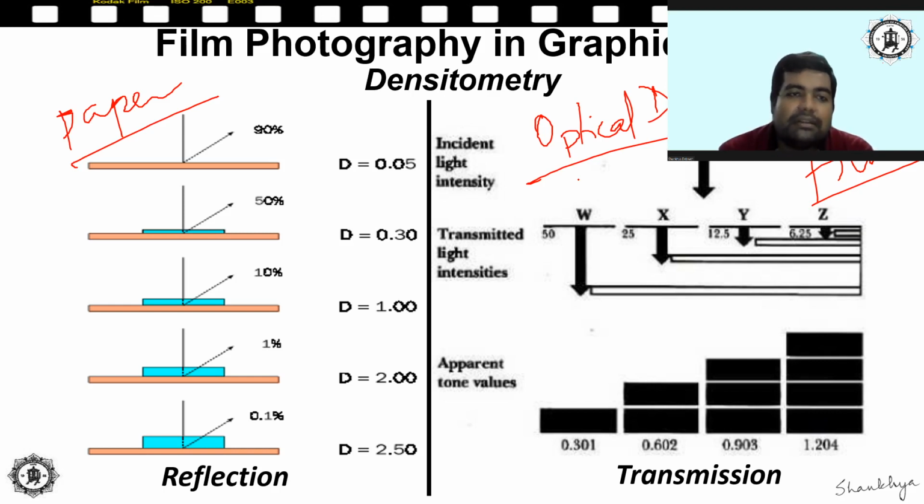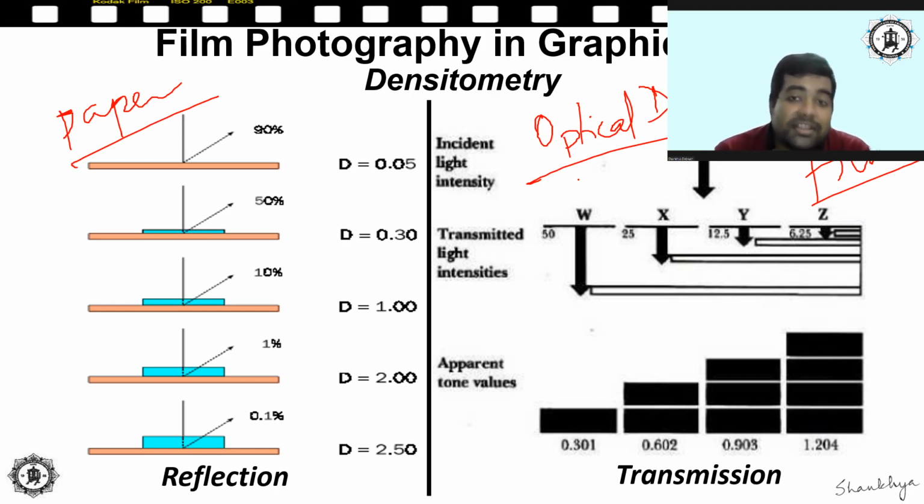You see, paper, usually from the non-image area also we get some reflection, but for film we normally get transmission. That means the light in the paper is getting reflected towards us, but in case of film the light is getting transmitted, right? Because film is transparent, paper is not. So this is quite understandable.